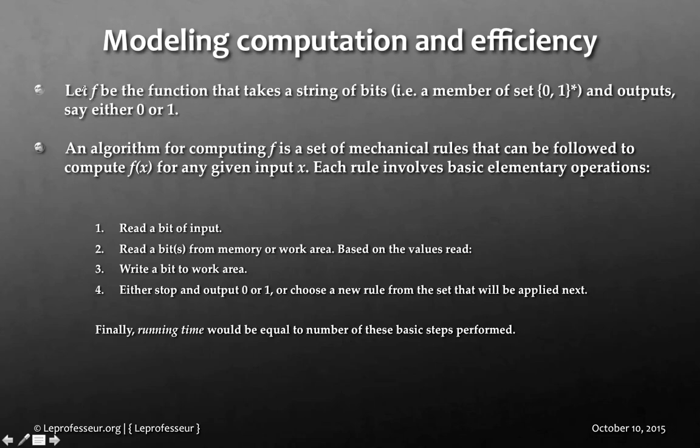So you have such a function f. Now an algorithm for computing this function f is a set of mechanical rules. If we follow those mechanical rules, we can compute the function f(x).